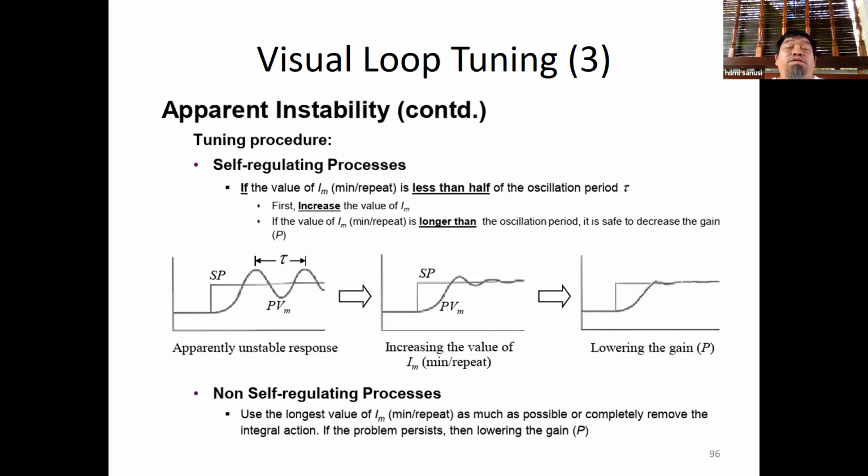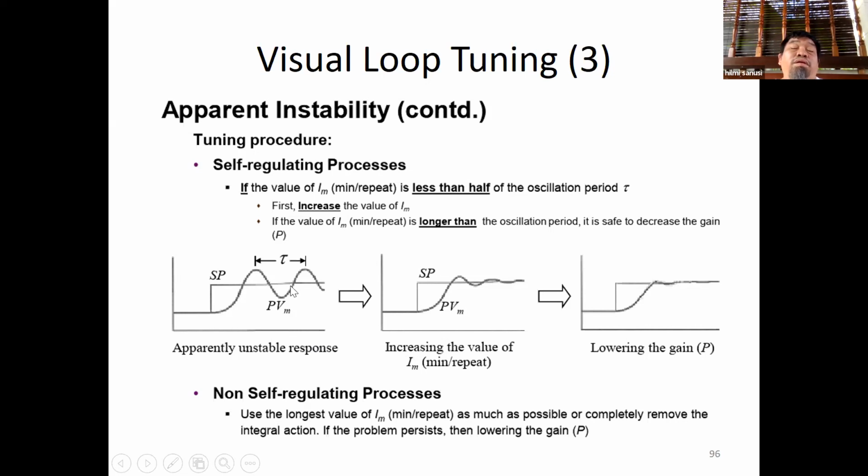So you tengok, sistem tu ada apa? Dia oscillate, tak oscillate? Slow sangat ke? Kalau slow sangat, it's okay to lower the gain. So kalau misal kata dia ada dead band yang panjang sangat, then increase the value of your Ki.